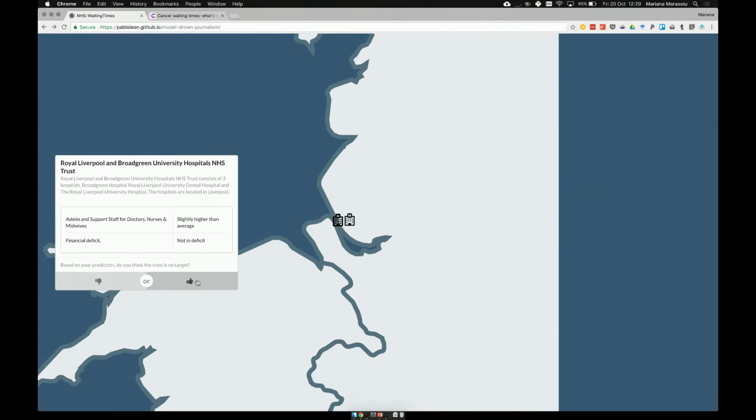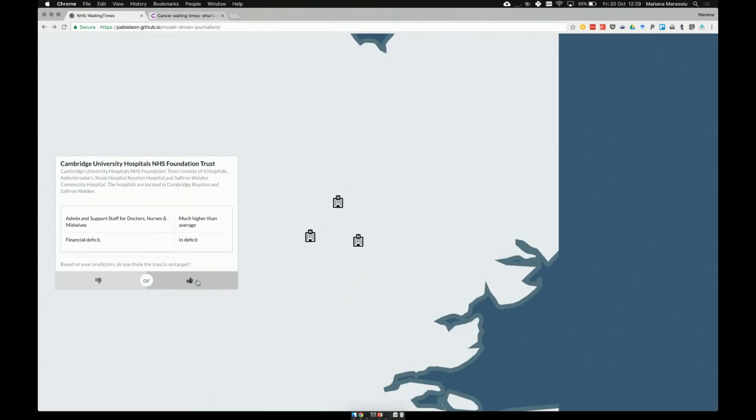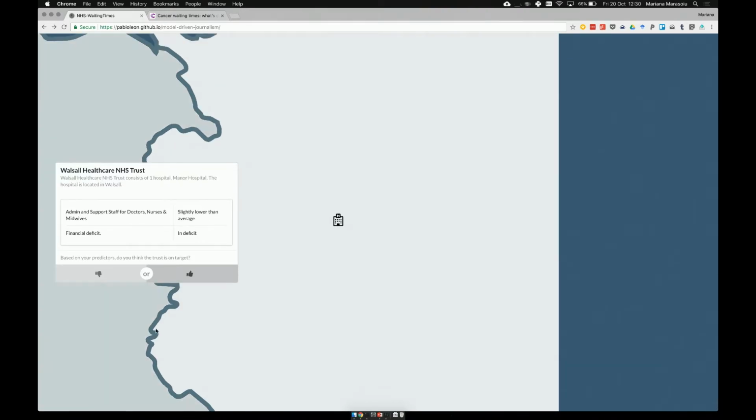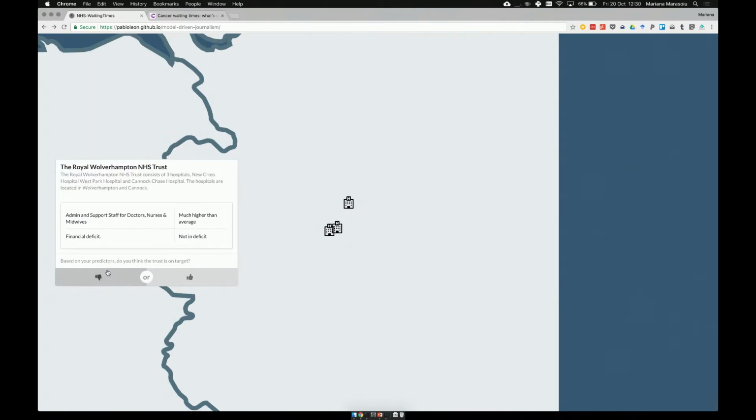We seem to be prioritising financial deficit here. On target. Don't know. It's Cambridge. I don't know. So just trying to help. On target. Give me someone in deficit. There you go. Okay. On target.